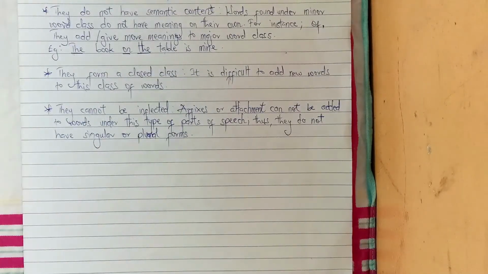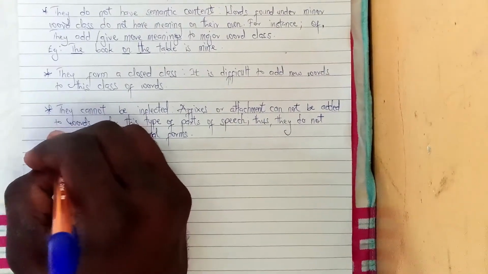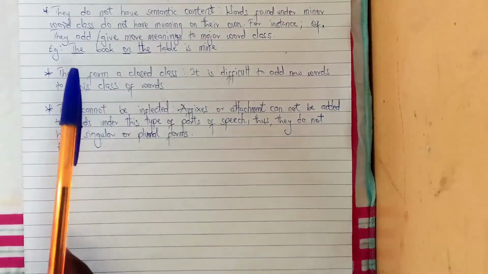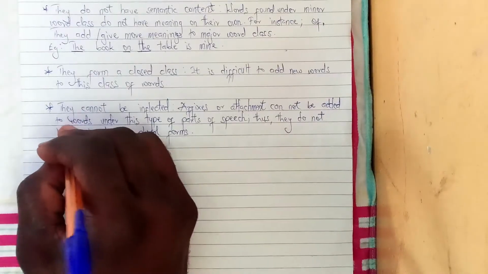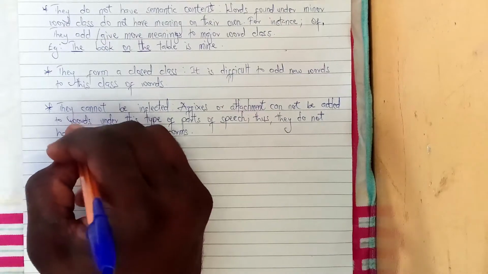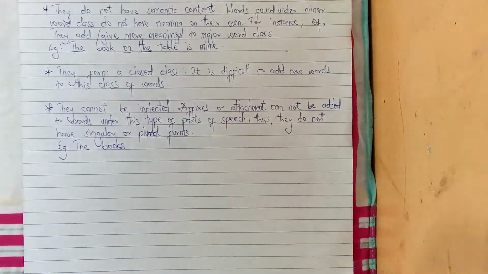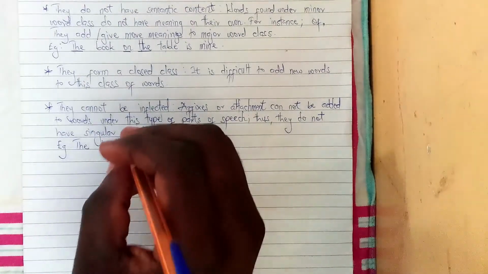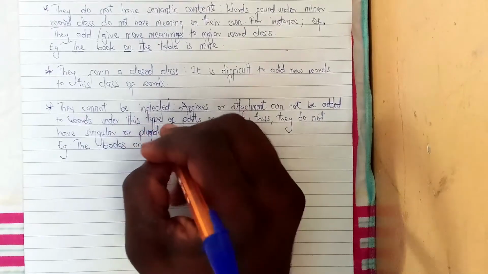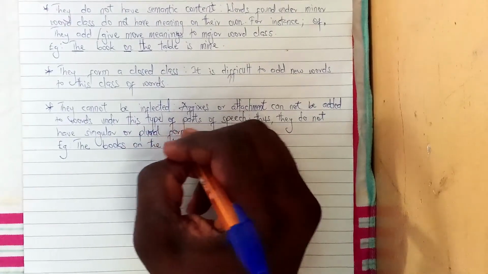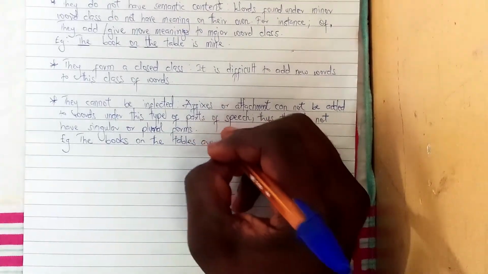Okay, so example, let's say we want to change this sentence into the plural form. We have: the books on the tables are mine.